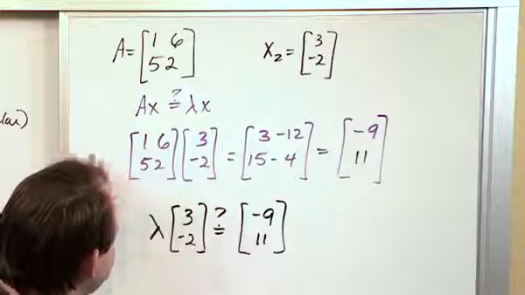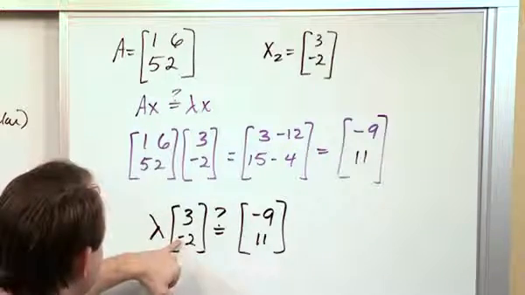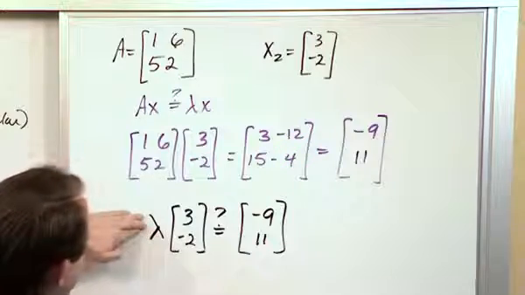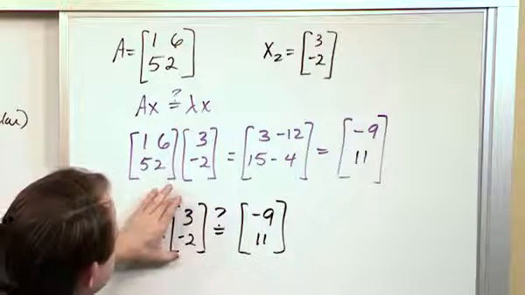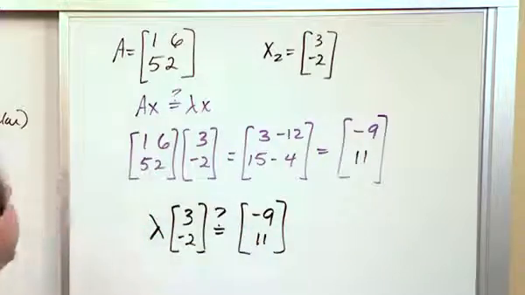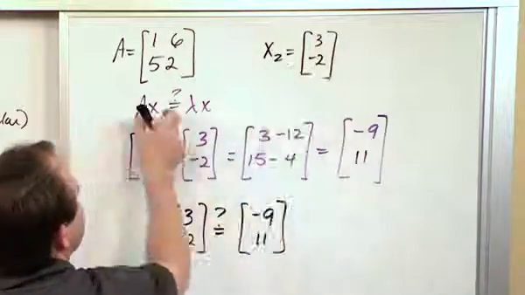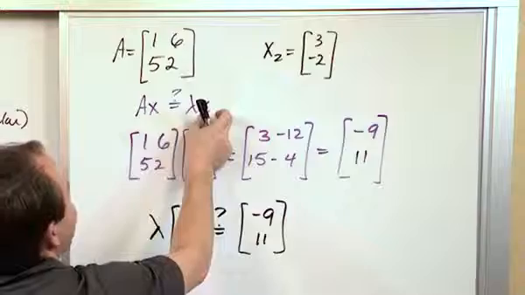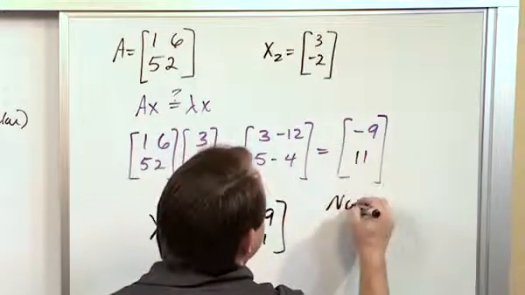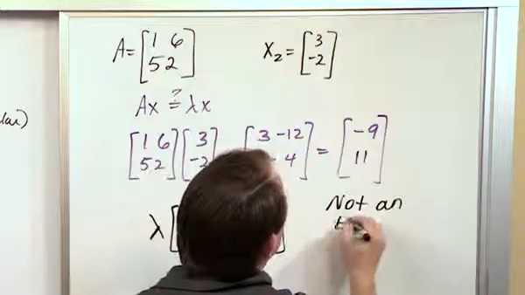You have to multiply it by negative 3. But if I multiply this by negative 3, there's no way it's going to be equal to 11. There is no multiple that I can multiply my original vector by to give me what I just calculated. So there's no way that this vector, when I put it through this matrix, can be a scalar multiple of itself. So, not an eigenvector.